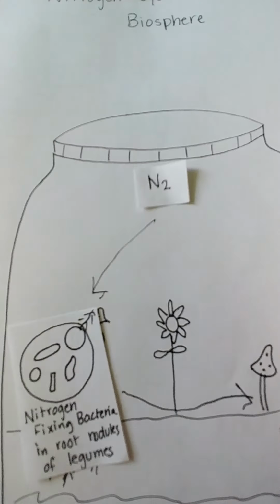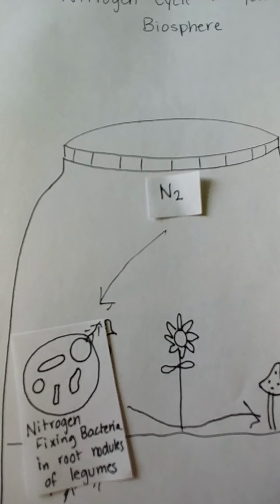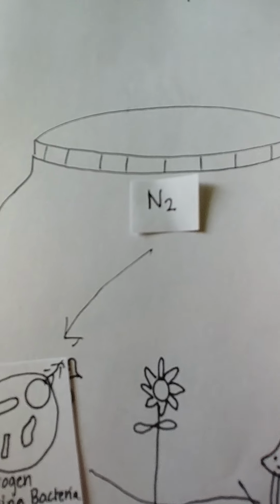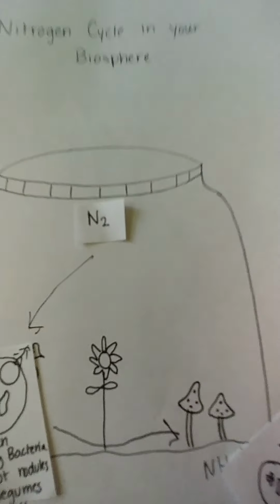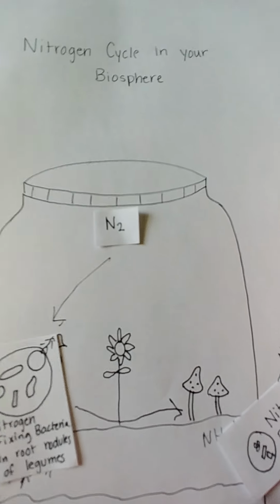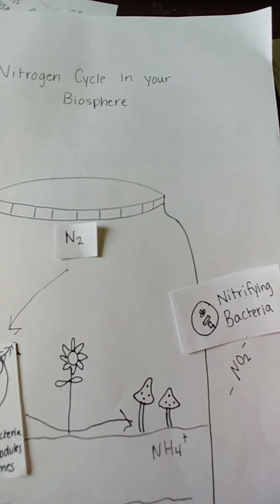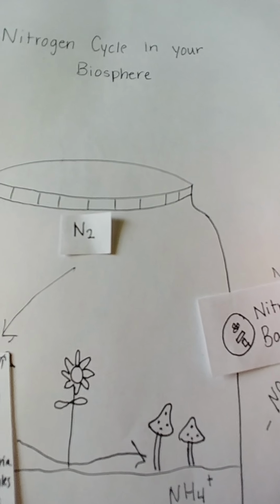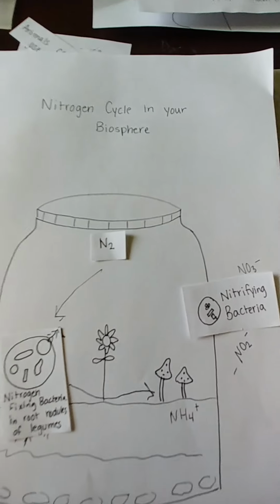So we're going to pretend like those are over here. The nitrifying bacteria is then going to change it to NO2-. Then I'm going to have some more nitrifying bacteria here. It's going to change it to NO3-.